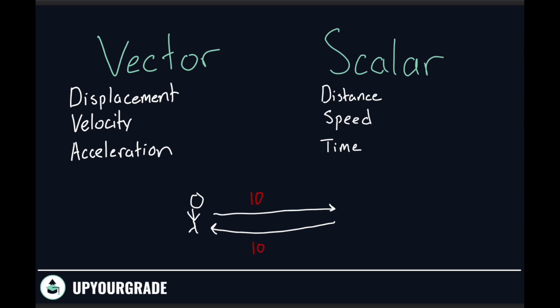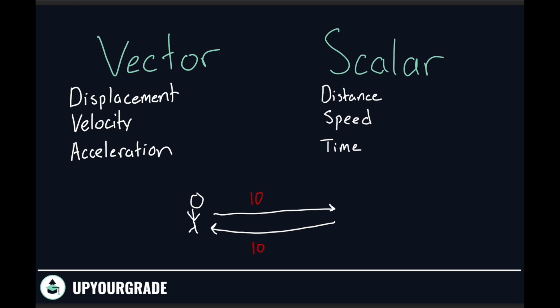And again, the direction here is not relevant. So 10 meters to the right is still 10 meters, and 10 meters back to the left is still 10 meters. Whereas the displacement here is actually 0. So displacement is a measure of how far you end up, essentially, compared to where you began. So in this case, the direction does matter.